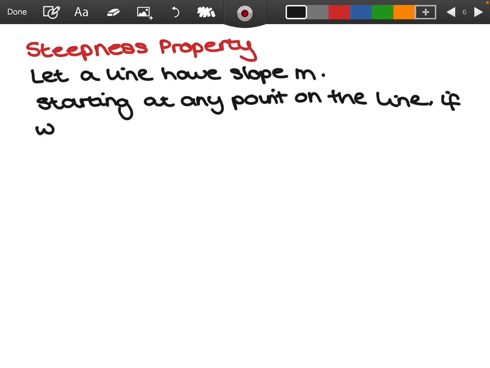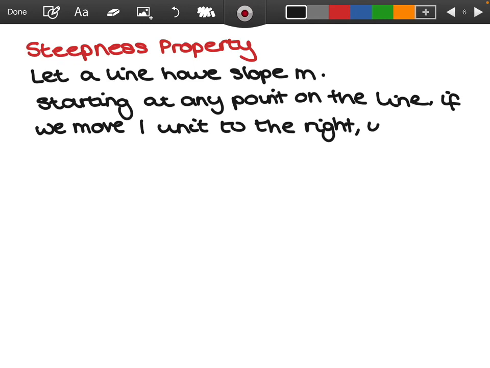So if we move 1 unit to the right, we must move m units either up or down. So m units vertically, depending on whether m is positive or negative, depends on whether you'll move up or down, in order to be back on that line.